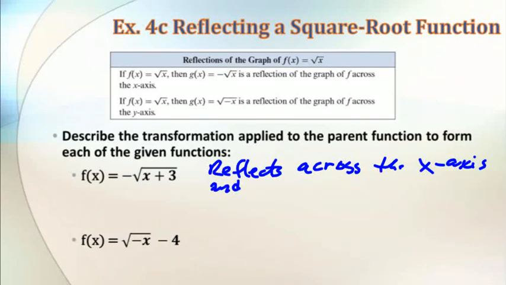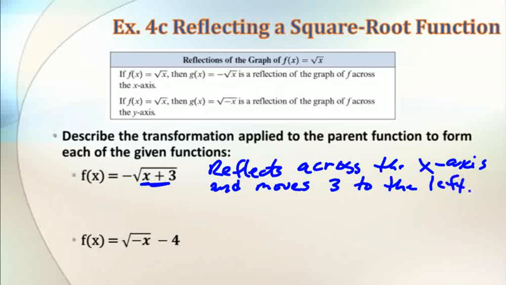And what's going to make this 0 when x equals a -3. And so it moves 3 to the left. You may try the next one yourself for extra practice.